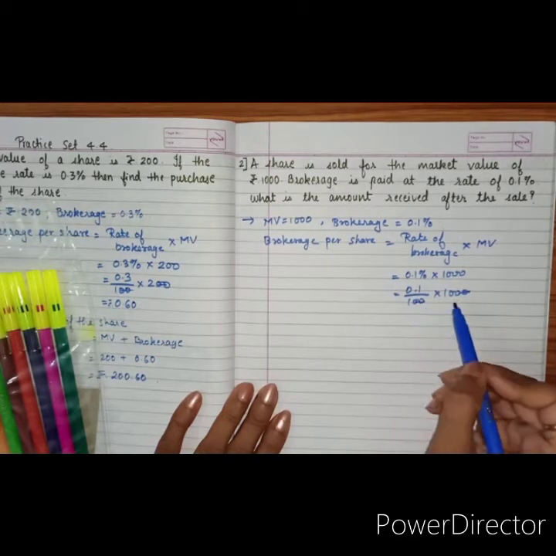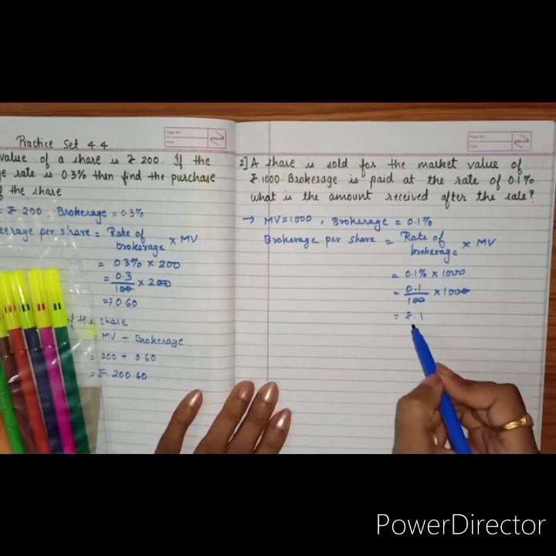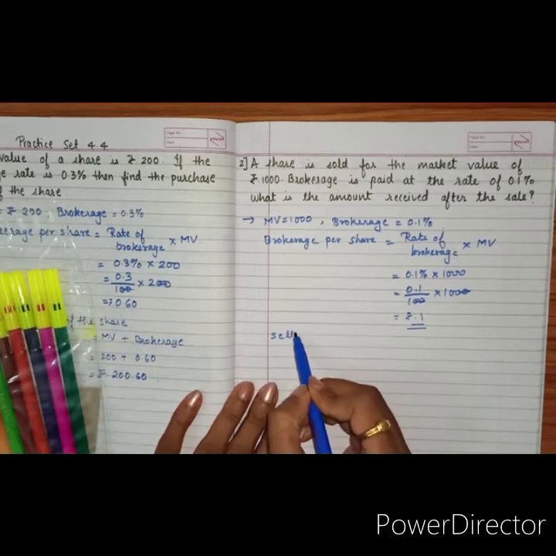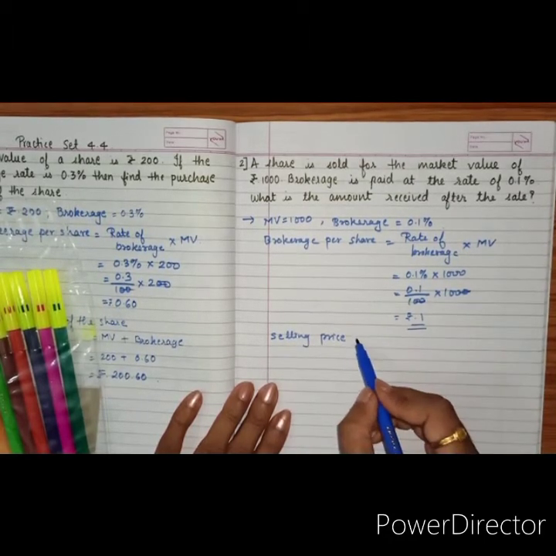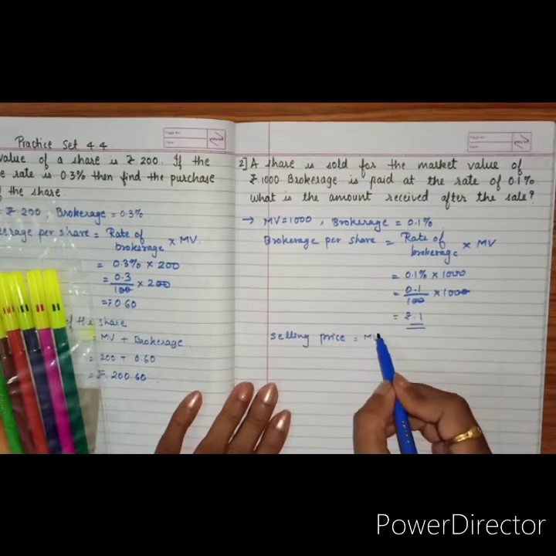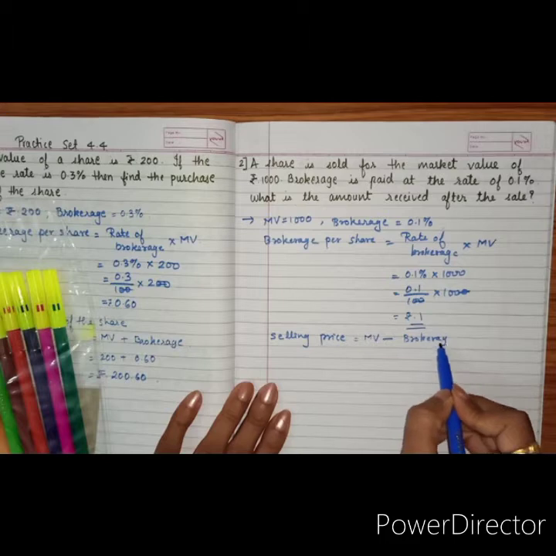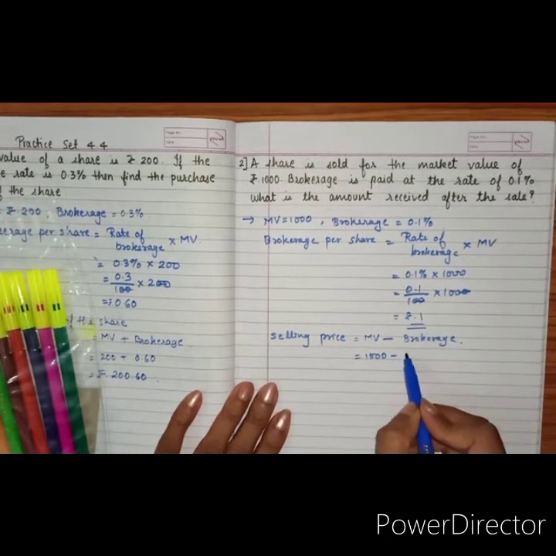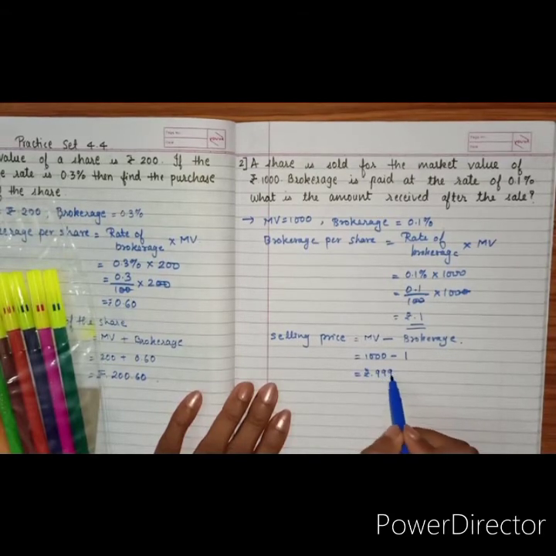This is getting cancelled. 0.1 into 10 is rupees 1. So rupees 1 is your brokerage. So what will be the selling price that you are going to receive after selling your share? It will be market value minus brokerage. Okay, so this is 1000 minus 1. What is it? Rupees 999. This is your answer.